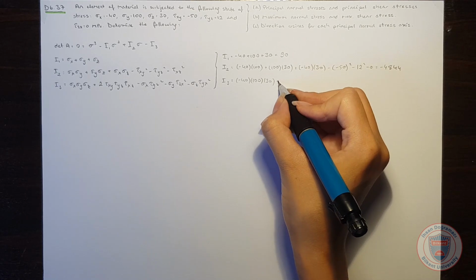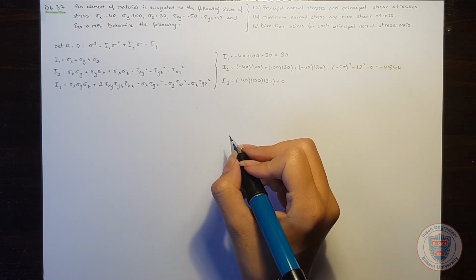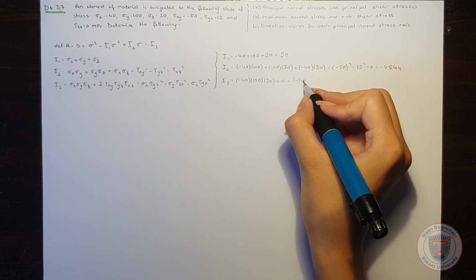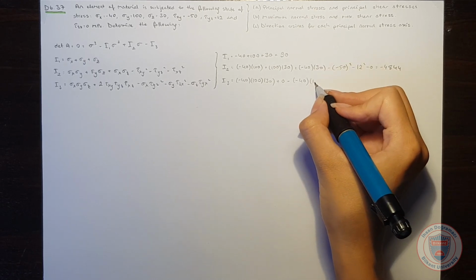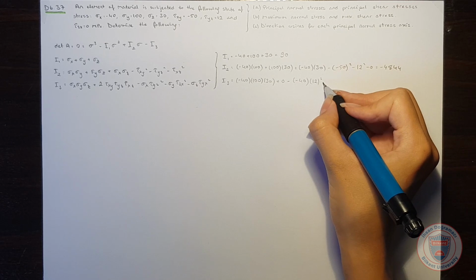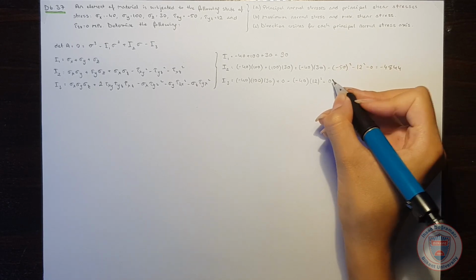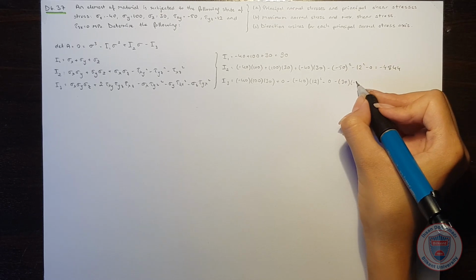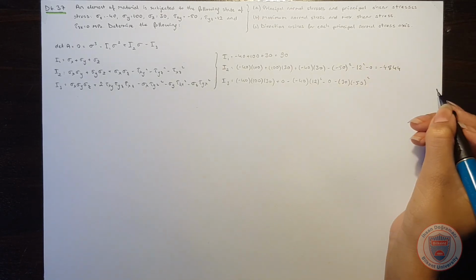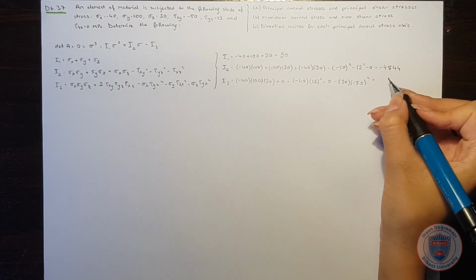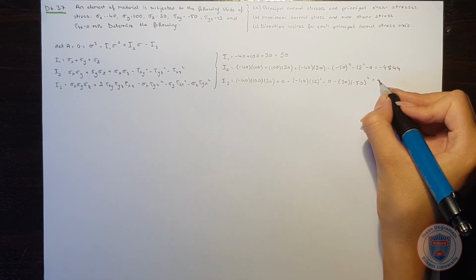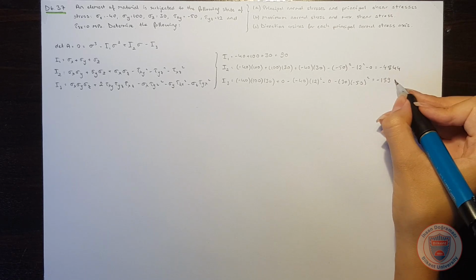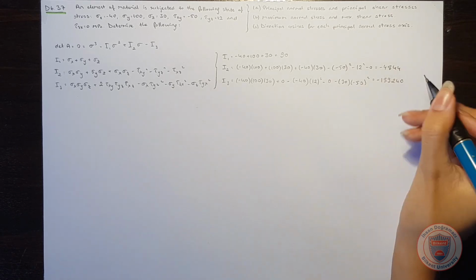And finally, I3 will be equal to minus 40 times 100 times 30 plus 0 minus 40 times 12 square minus 0 minus 30 times minus 50 square. And it is equal to minus 189,240.